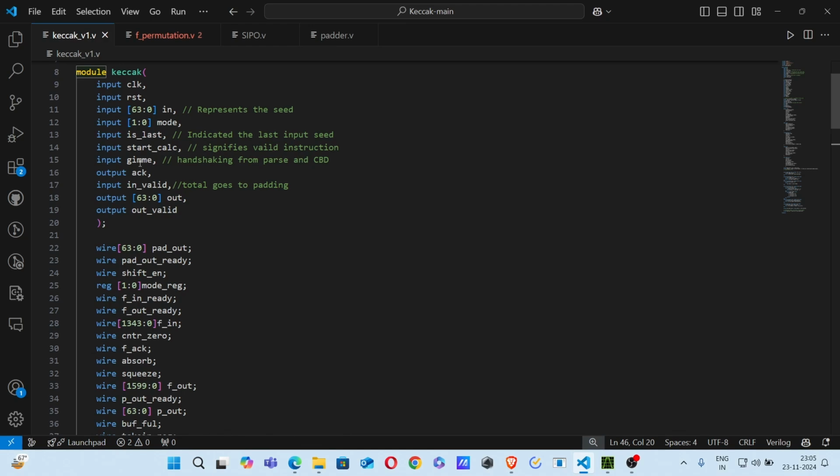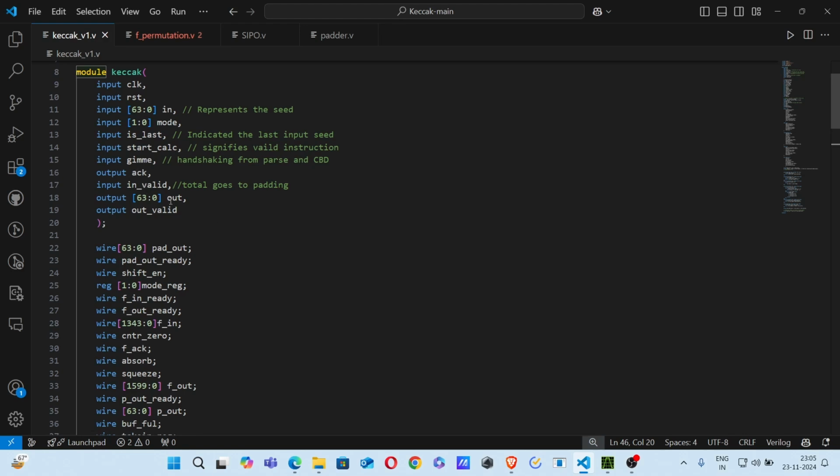There is an input signal give me. This is from the module following this Keccak core. Essentially, it's a handshake signal where the module following this, which is the sampling unit, says it needs more bits. There is an input known as in valid, which is high as long as the data at the input is valid.